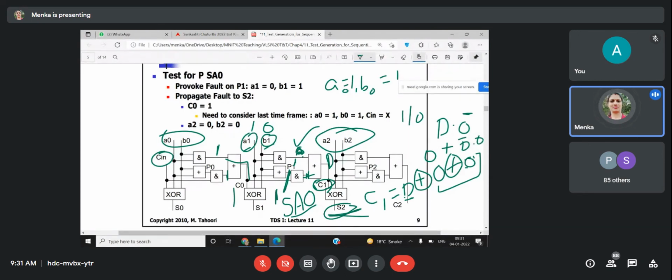So you are getting D at the output if you have A2 B2 as 0 0. So the fault has been propagated to the primary output S2. Did you understand?